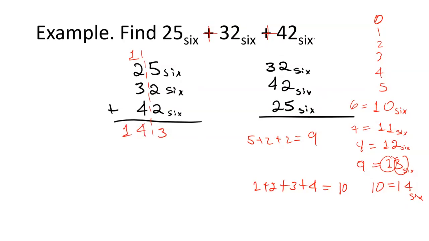Or if you want to do the whole process, you could create a new place value, put the 4, carry the 1, and that 1 drops all the way down. So this sum is equivalent to 143 in base 6. Okay, so we're done. We have done sums.